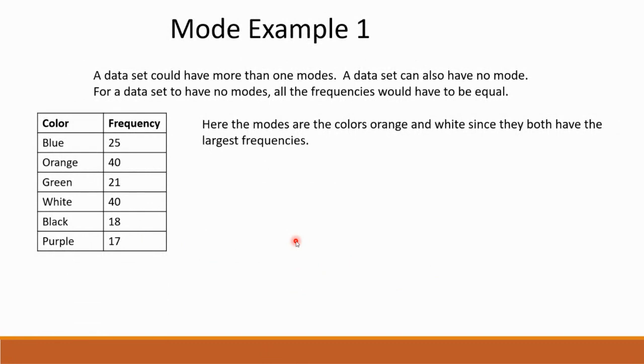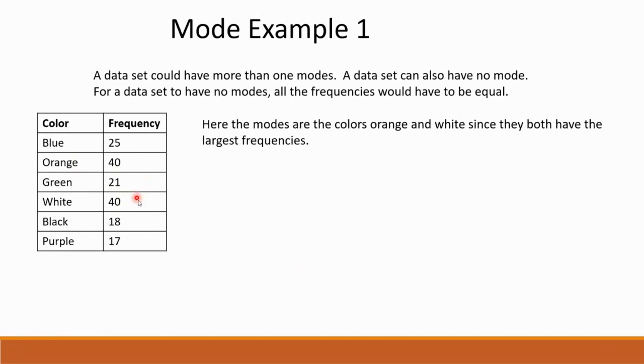Now, you could have a data set where there's more than one mode. That can happen. You can also have data sets where there's no mode. That means all the frequencies are the same. Here, I modified the data a bit. We have two modes, orange and white. They both appear the most often, as you can see.